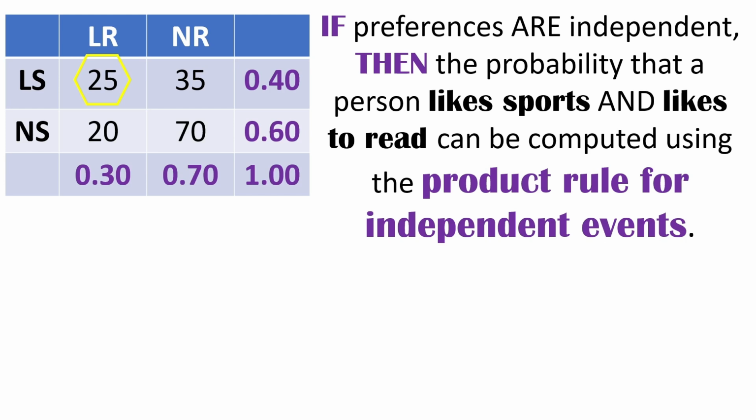So let me just put that in words. Remember that from 2208. If A is an event with some probability of happening, and B is another event with some probability of happening, if A and B are independent events, then the probability that A and B happen is just the product of their individual probabilities.